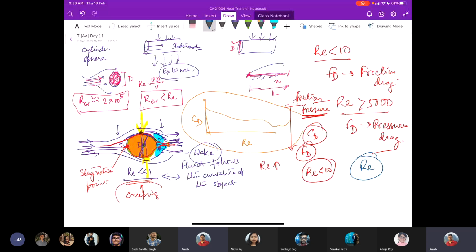Now the point is the relation of the drag coefficient for cross flow. This is the kind of scenario that we can term as cross flow across a cylinder or a spherical object.